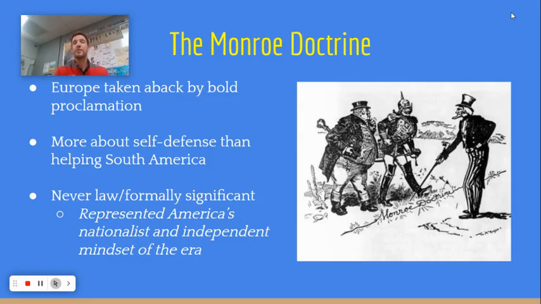It is very reflective of America's growing patriotism, nationalism, and independent mindset in this era coming out of the War of 1812. So despite not being a big legal entity, the Monroe Doctrine holds a lot of importance beyond just James Monroe, for how America's government will operate in the decades moving forward.